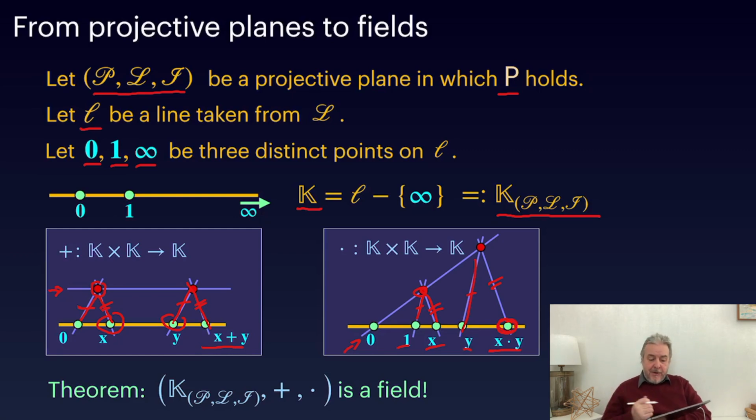And if I do so, and define multiplication and addition in that way, then, big theorem, this structure is a field. And now we are going to prove that this is a field.